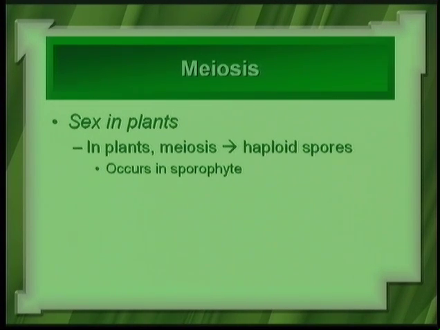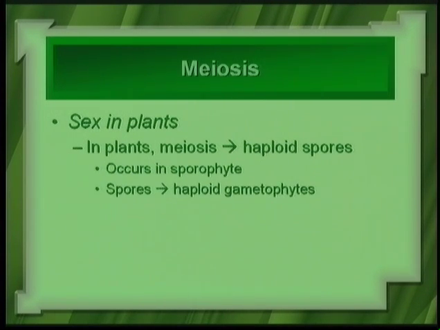Meiosis occurs in something called a sporophyte. The sporophyte is the plant that produces the spores. Sporo refers to spore, phyte refers to plant.